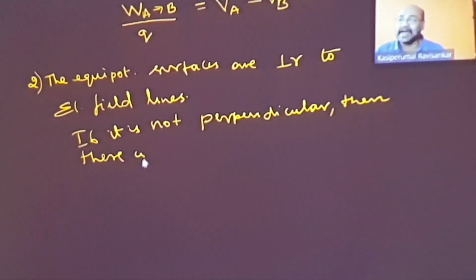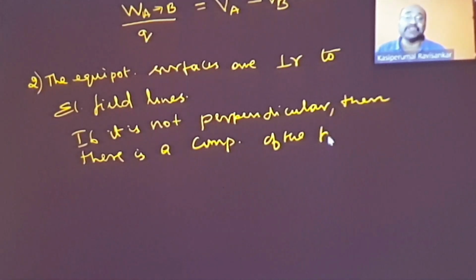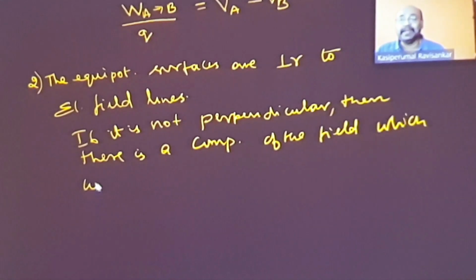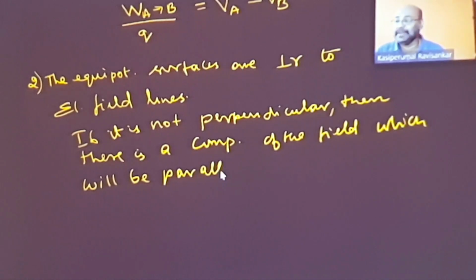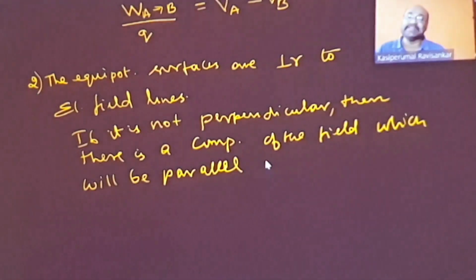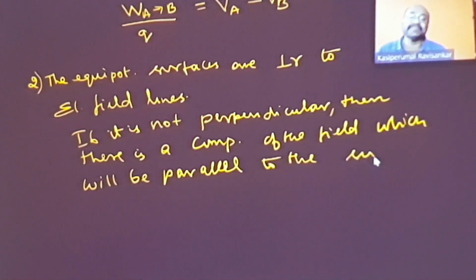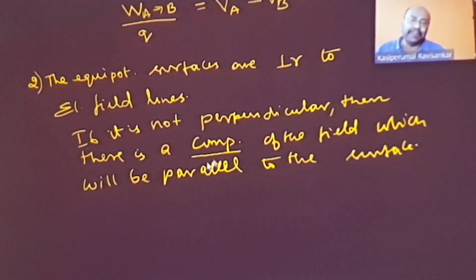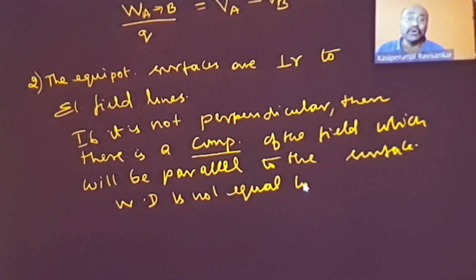There is a component of the field which will be parallel to the surface. If a component of the electric field is parallel to the surface, then the work done is not equal to 0.